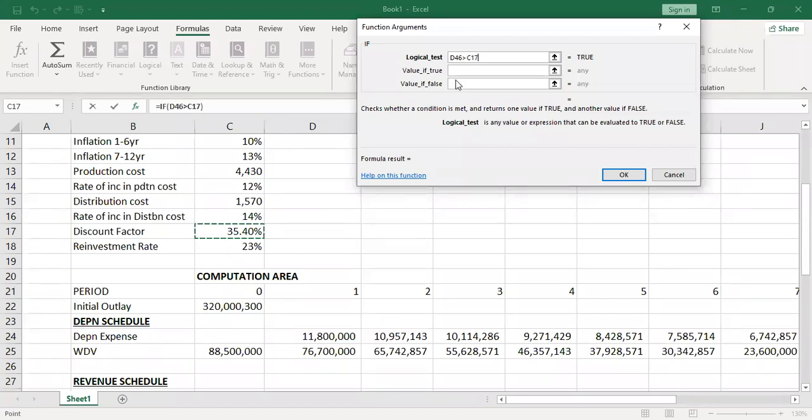And then value if true, accept. So click where there is value if true, type accept. Click where there is value if false, type reject.